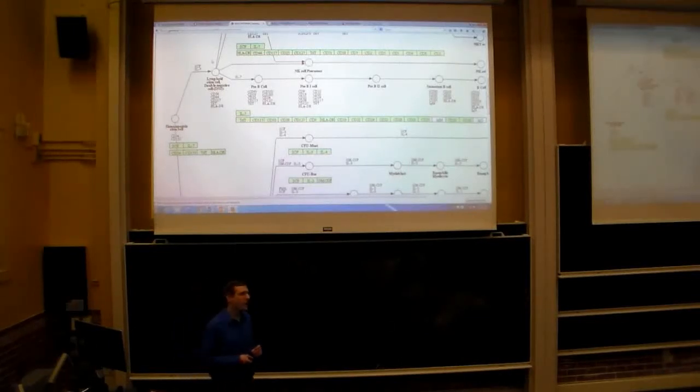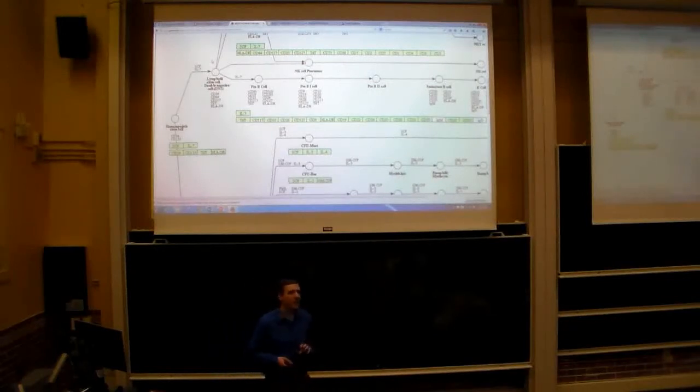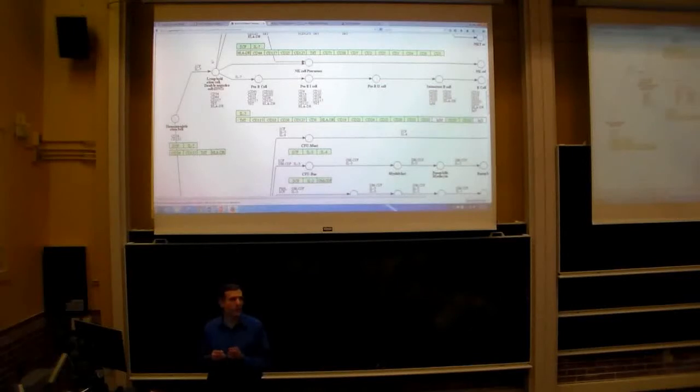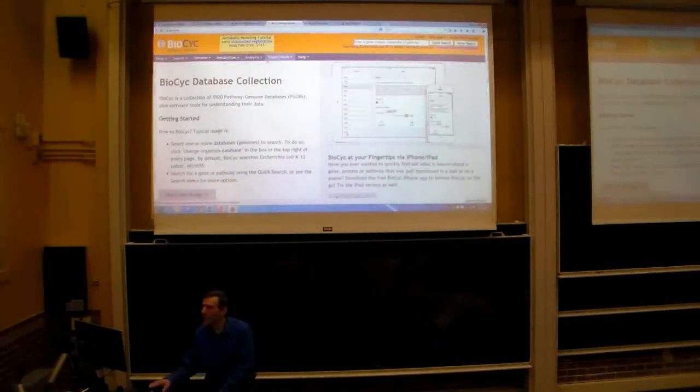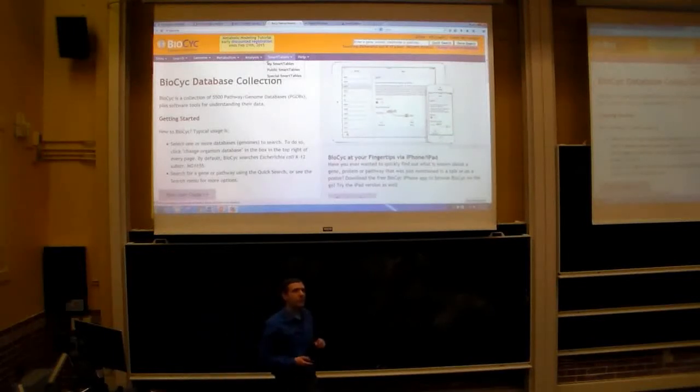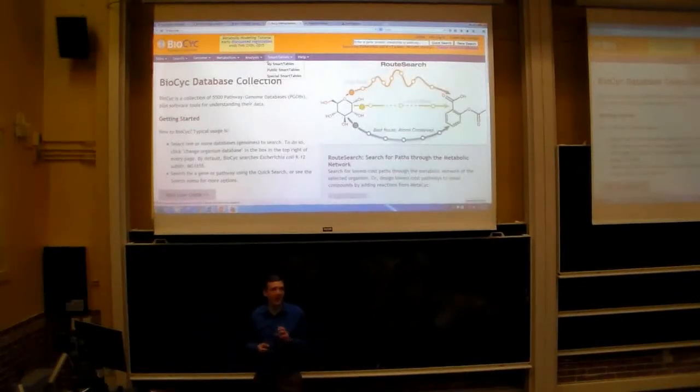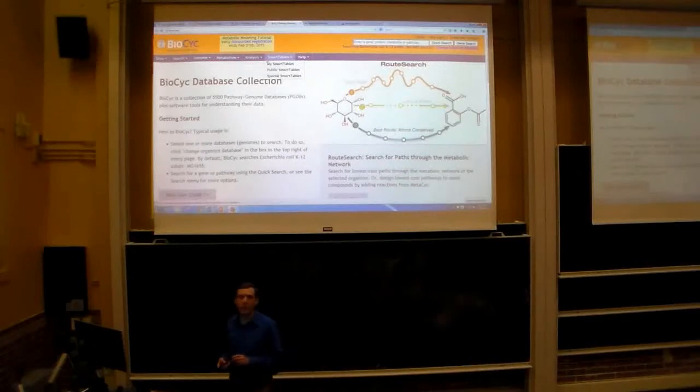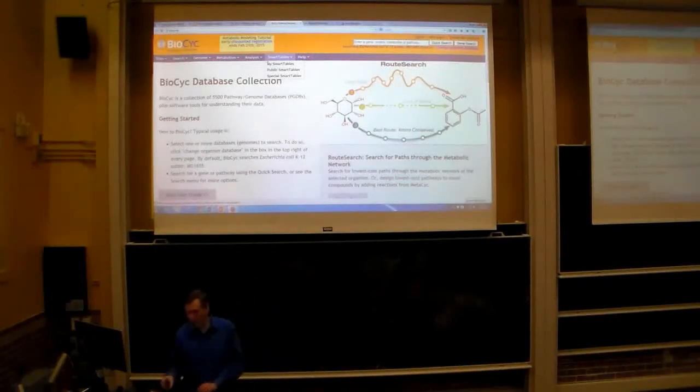But I want to show you a couple of other databases that have a bit more information on the genetics, although less broadly, so more focused on specific organisms. And one of these, just an example of what these might look like, is the BioCyc Database. BioCyc is not specifically genetic regulatory information. It also has lots of information on metabolic networks, but more information on how these intersect with genetic regulation.